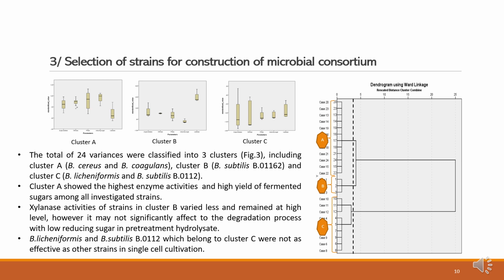Among the clusters, cluster A showed the highest enzyme activities, and it also had the highest yields of fermentable sugar among the investigated strains. The xylanase activity of the strain in cluster B is very low, and remains at a high level. However, low reducing sugar was observed during the pretreatment by the strain in cluster B. And for cluster C, the remaining strains were not as effective as other strains in single-strain cultivations.